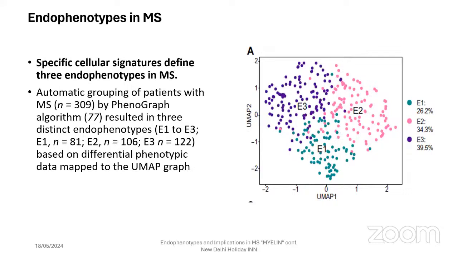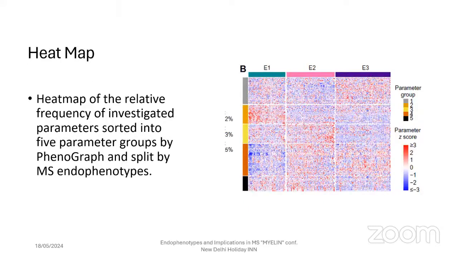The automatic grouping of patients with MS by the PhenoGraph algorithm resulted in these three distinct endophenotypes, based on the differential phenotypic data mapped onto the UMAP graph. Then the heat map of the relative frequency of the investigated parameters was sorted into 5 parameter groups by PhenoGraph and split by MS endophenotypes.